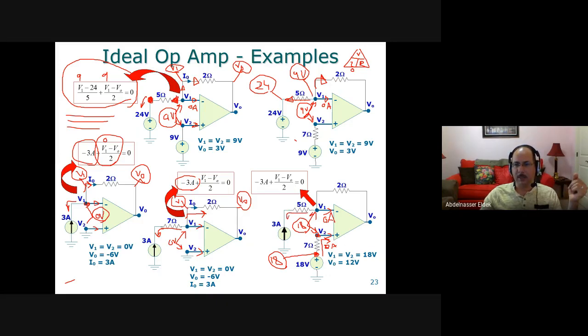So this current here, which is negative 3, plus this current, which is V1 minus this voltage here, which is VO, divided by 2 equals 0. So negative 3 plus V1 minus VO over 2 equal 0. V1 is 18 volt. Then you have only one equation and one unknown.